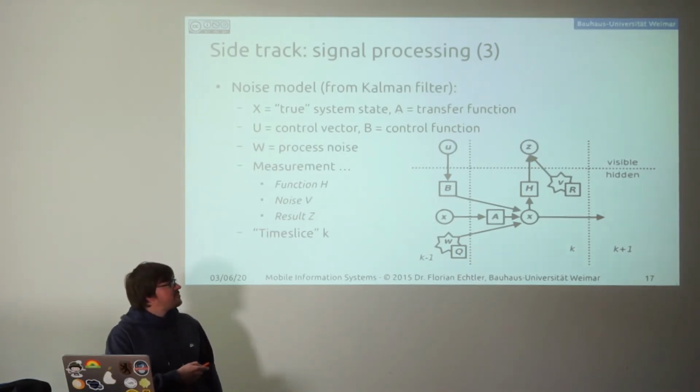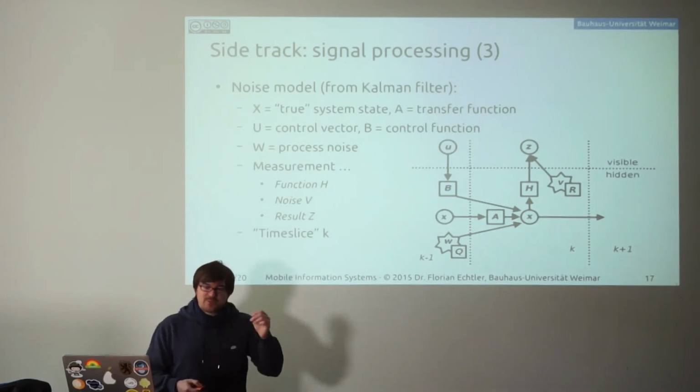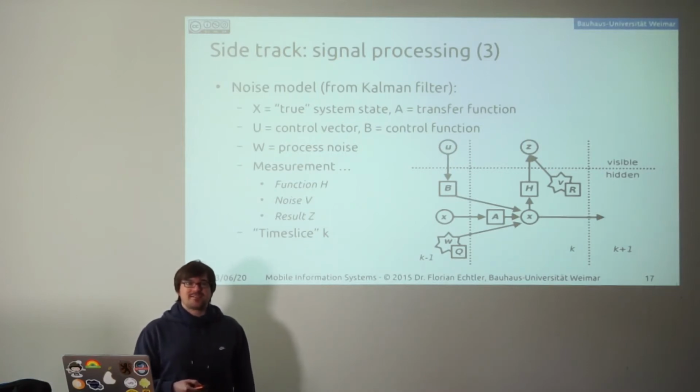Then we have the actual measurement happening, which is again a function that translates the actual real state of the system into whatever measurement we actually can see at the end. So a very simple example, let's say we're talking about acceleration, then the IMU in a mobile device usually has a maximum value of acceleration that it can sense. Let's say that's 2g, 2 times gravity acceleration.